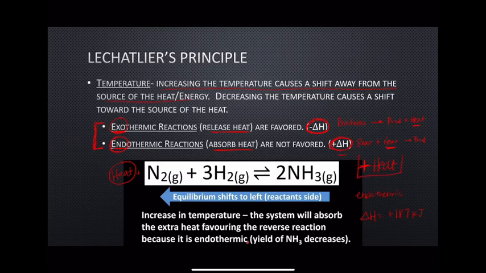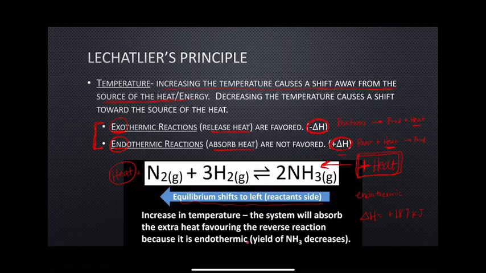Okay? When we add our heat, we always basically move it to the other side. All right? So now it is going to cause a shift away from the source of the heat. So it's going to move away from that heat, so it's going to go to the left or to the reactant side.